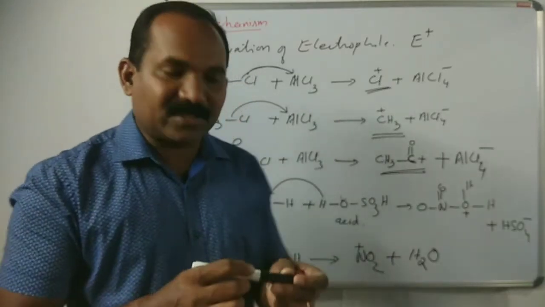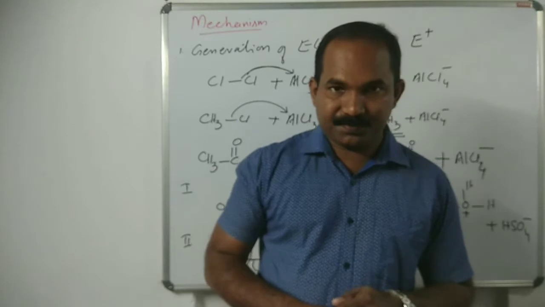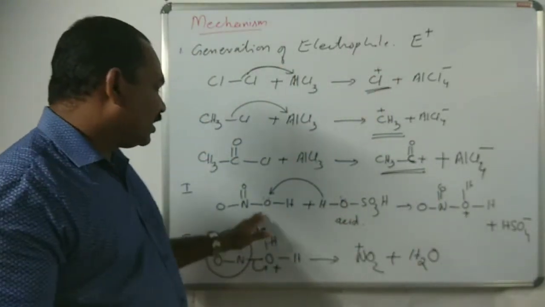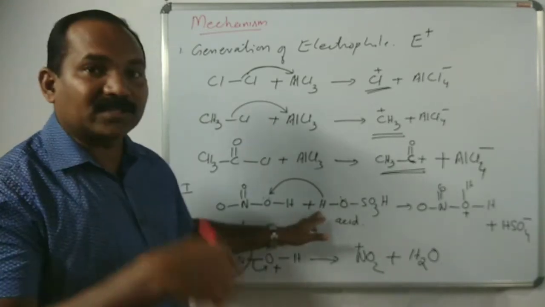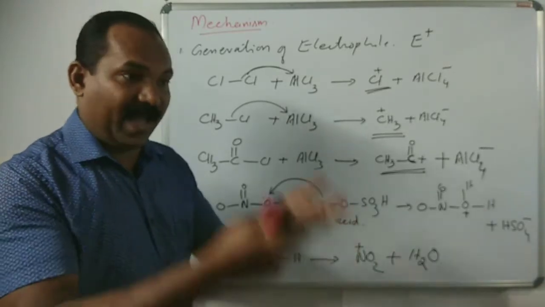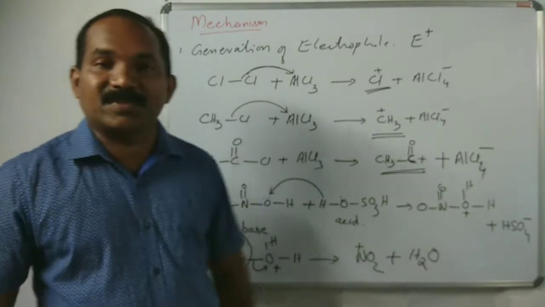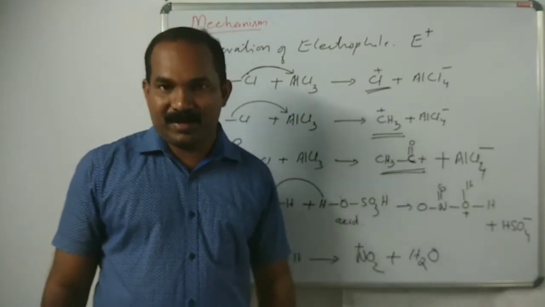So in nitration, an acid-base equilibrium exists. Sulfuric acid acts as an acid. Nitric acid acts as a base. An acid donates H plus ion, and a base accepts the H plus ion. So these are the different steps in the generation of electrophiles.